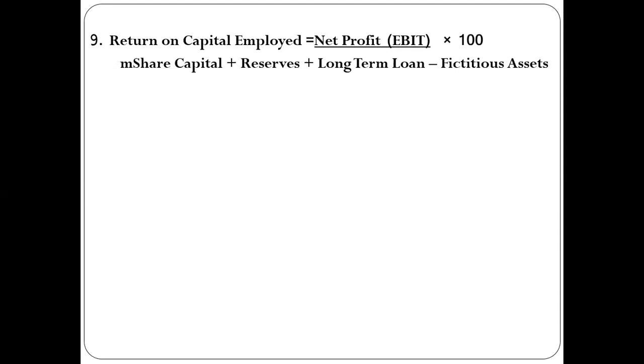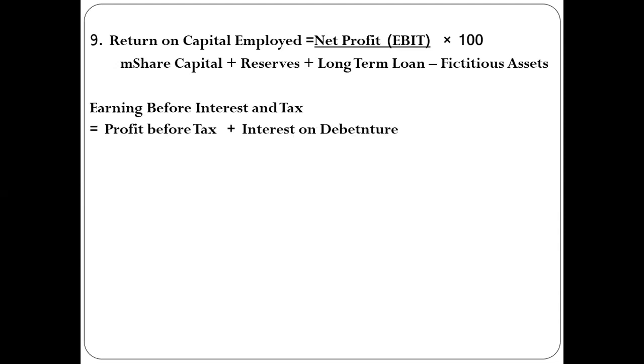So now, earning before interest and tax we have to find out, and for that we have to add profit before tax plus interest on debenture. So we have to do the amount 5 lakh plus 1 lakh, that is 6 lakh.